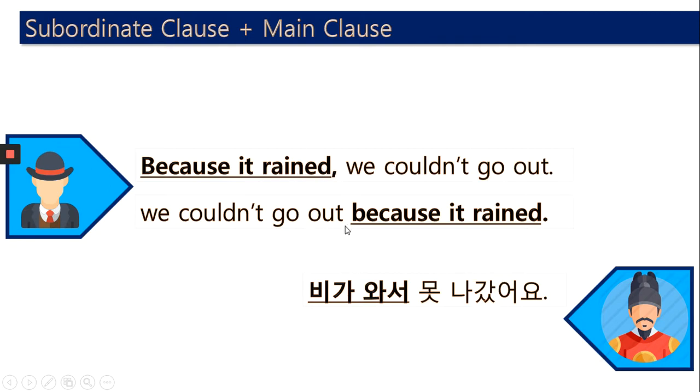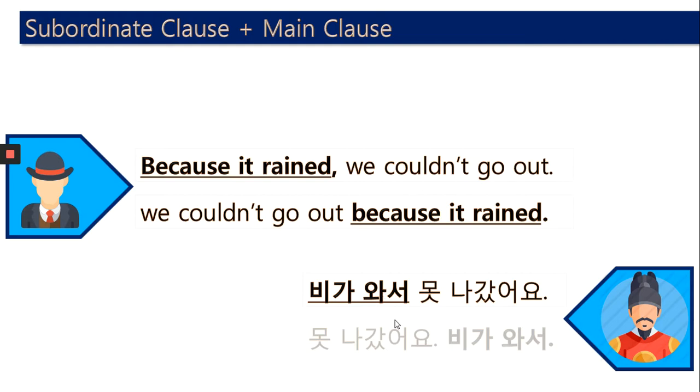This sentence word order is the same. How about changing it, so the main clause first and the subordinate clause behind? This is wrong in Korean. So this is also very, very important.